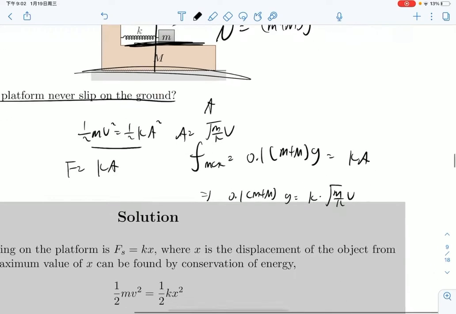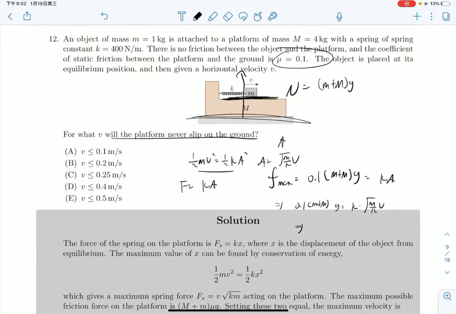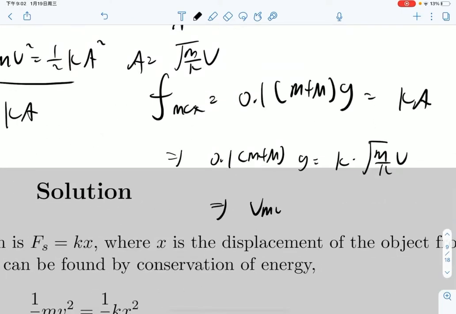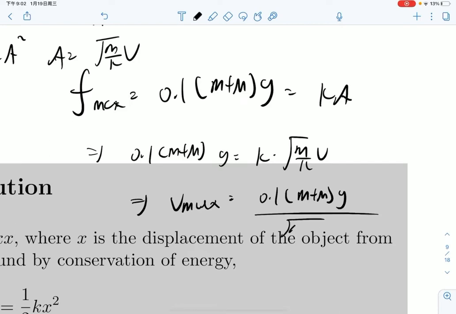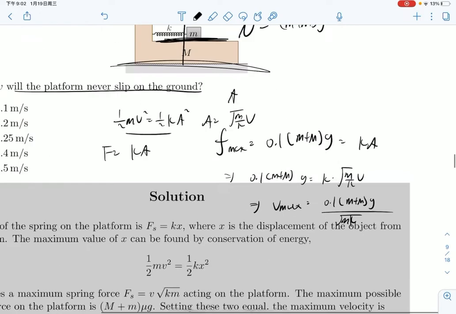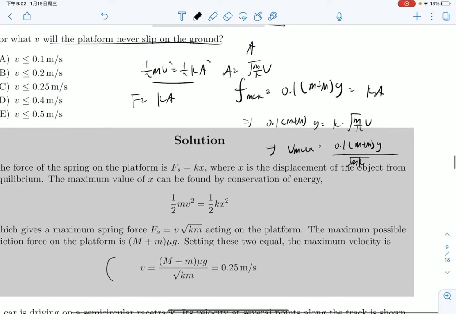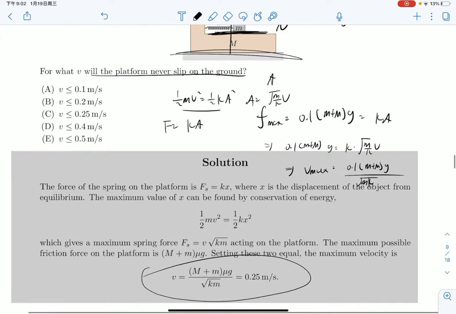So now you will have v maximum is equal to 0.1 times (small m plus big M) g divided by the square root of mk. Right? It's basically this, and you can find the answer to be C.